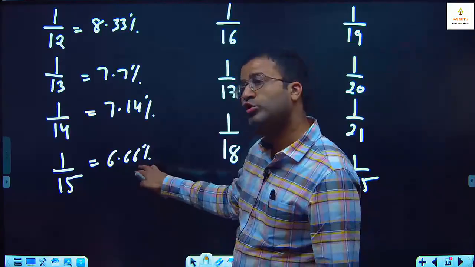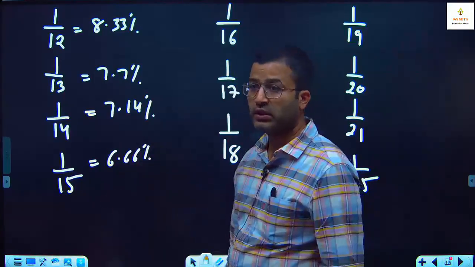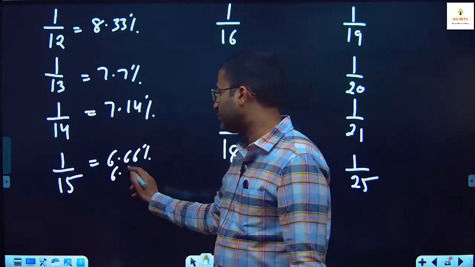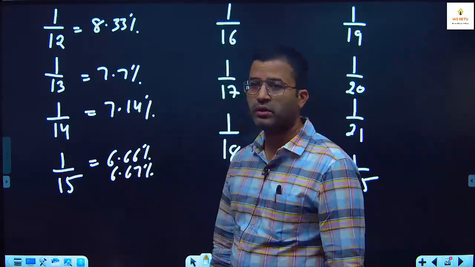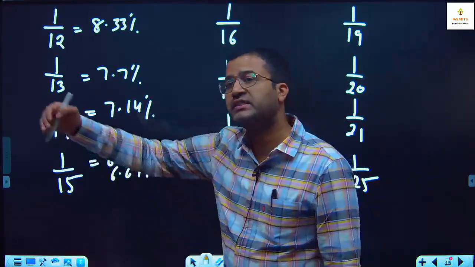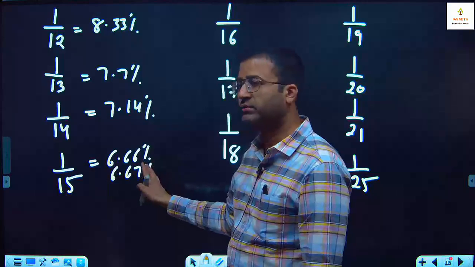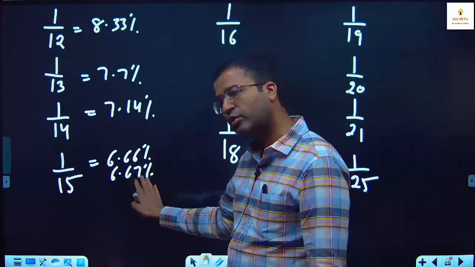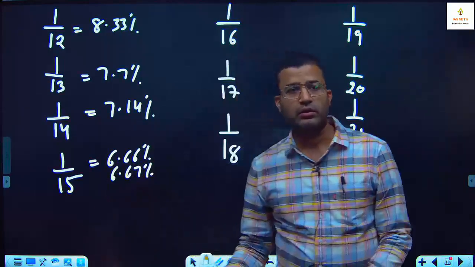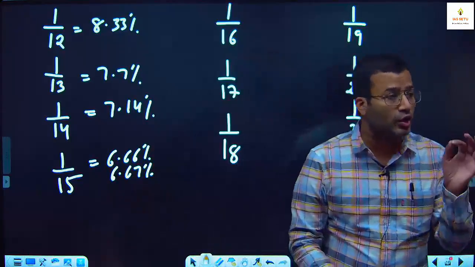Like here you are looking for only 6.66. Sometimes we write this value as 6.67 also. क्योंकि actually it is 6.66666. So we take approximate value. So both are okay. It's not exactly the same.